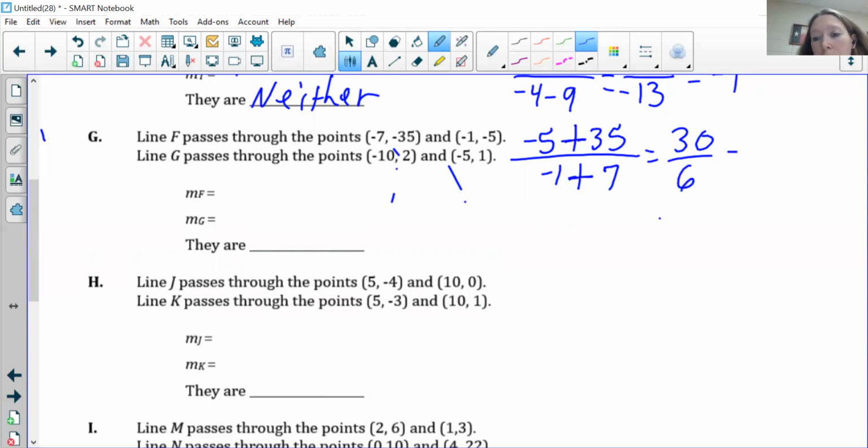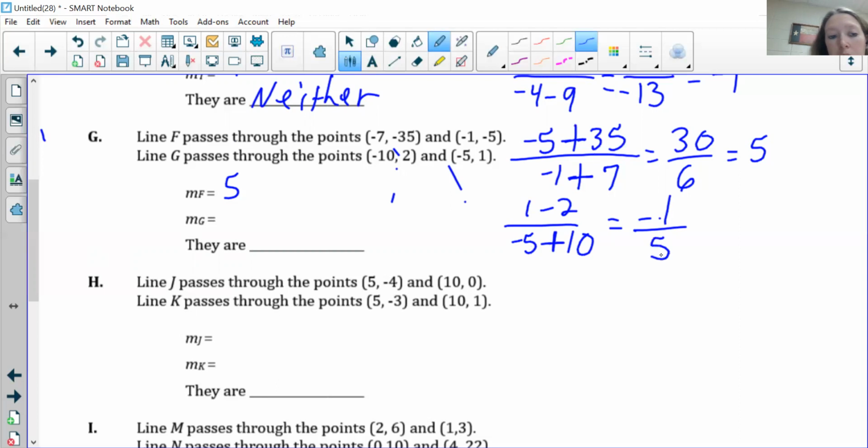So 30 divided by 6 is 5. So this slope is 5. And then G, I have 1 minus 2 over negative 5 minus negative 10. Change this to plus. So 1 minus 2 is negative 1 over negative 5 plus 10, which is just 5. So my slope is negative 1/5.